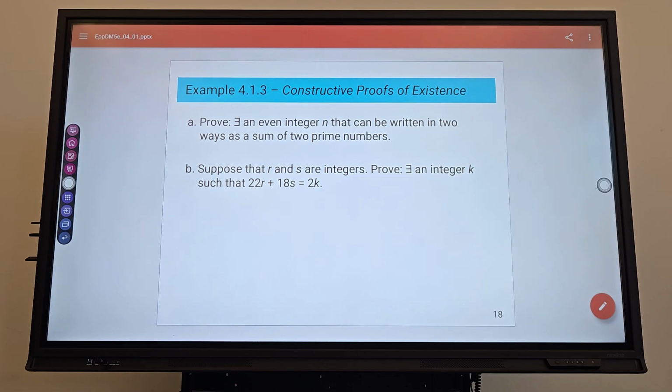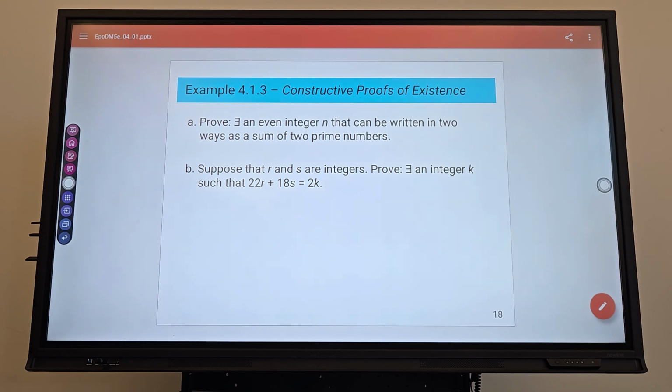Suppose that r and s are integers. Prove there exists an integer k such that 22r + 18s = 2k.